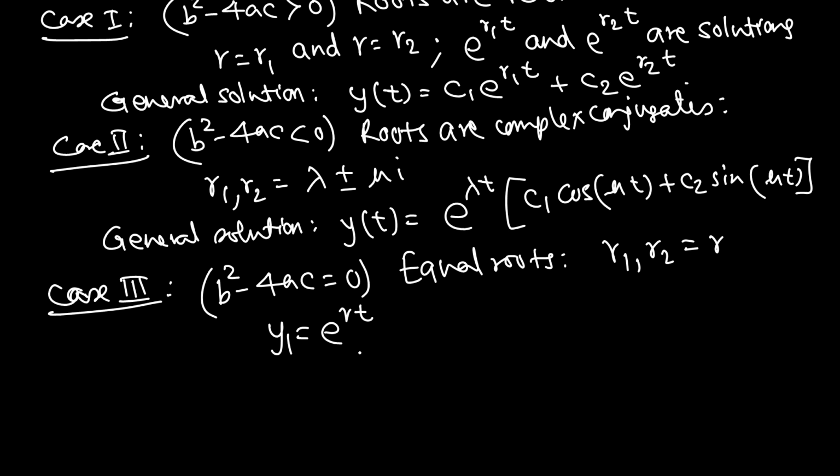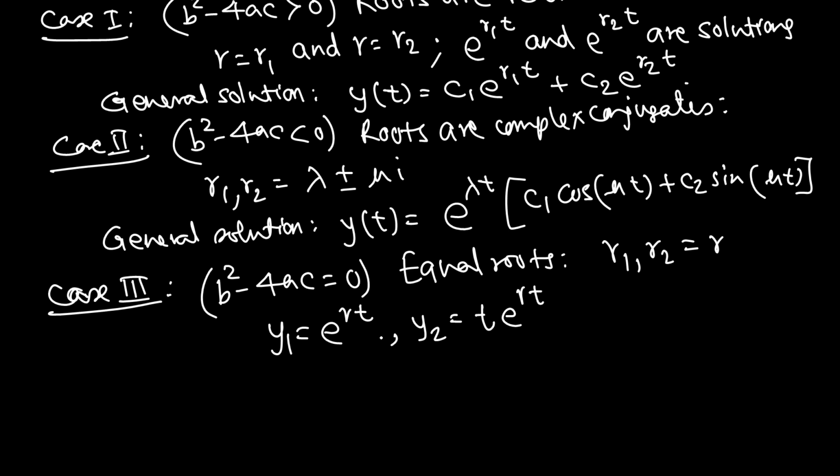We want a linearly independent solution. So this is one solution, and to find the second solution, we multiply the first solution by some function of t, not a constant, plug this back into the original ODE and find that function. See the textbook if you would like to find that function, and it comes out to be t e raised to rt.